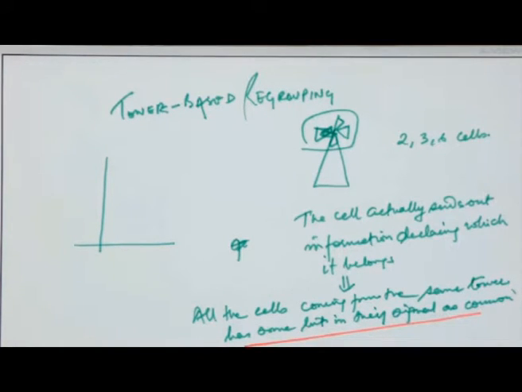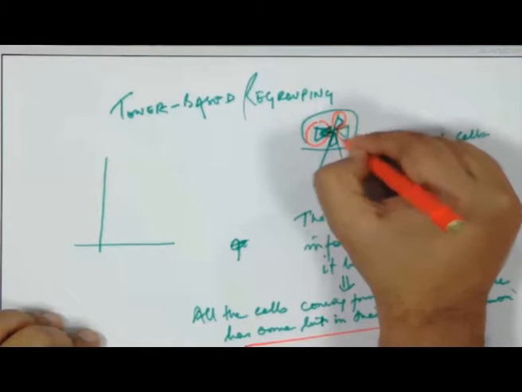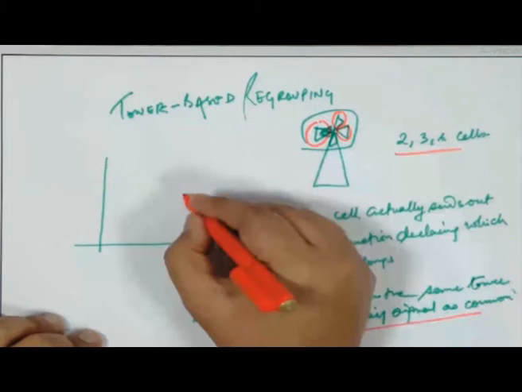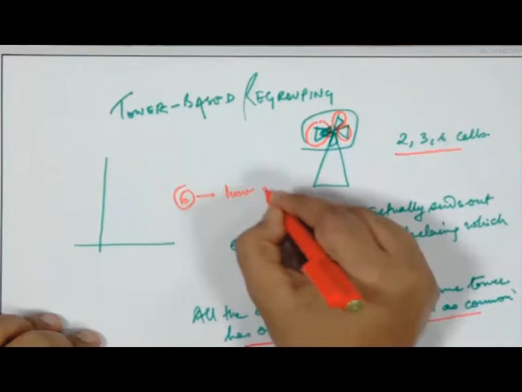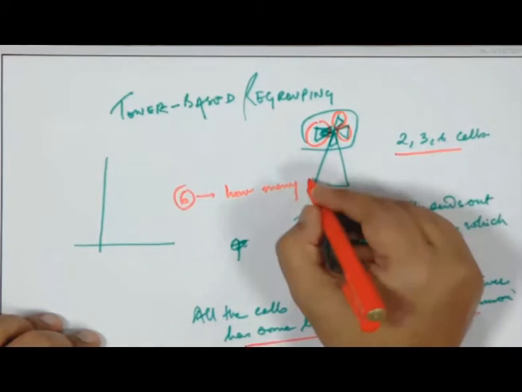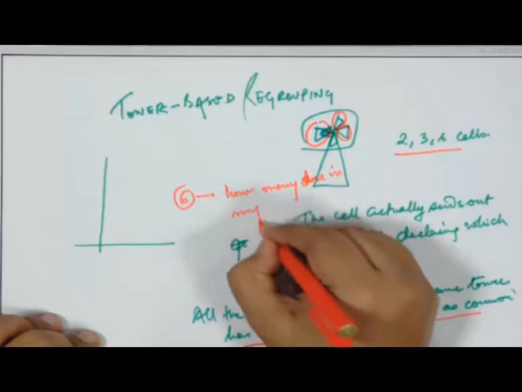So what essentially happens is that I can understand, out of the 6 cells, how many have I captured? How many are in my database?